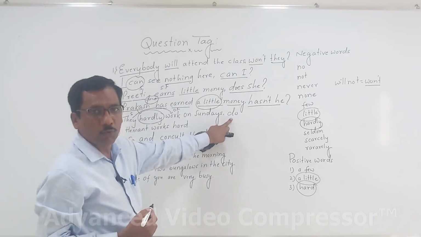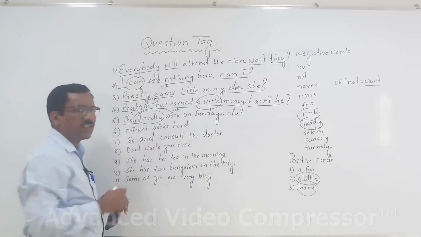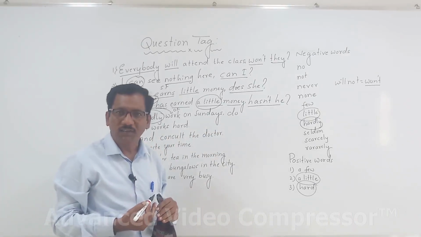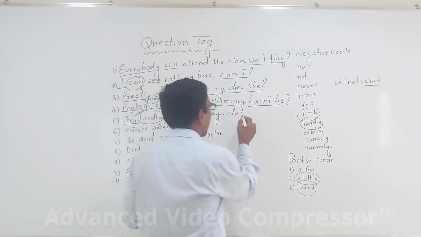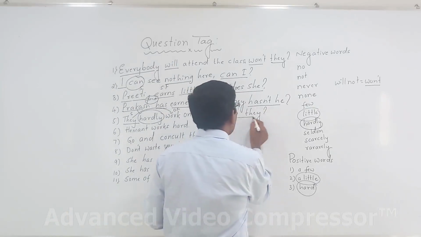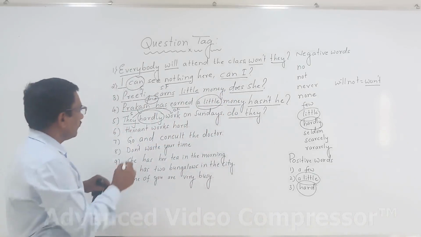So the helping verb do we got. And the subject of the sentence is they. Is they a noun or a pronoun? They is absolutely a pronoun. Do they is the right question tag.